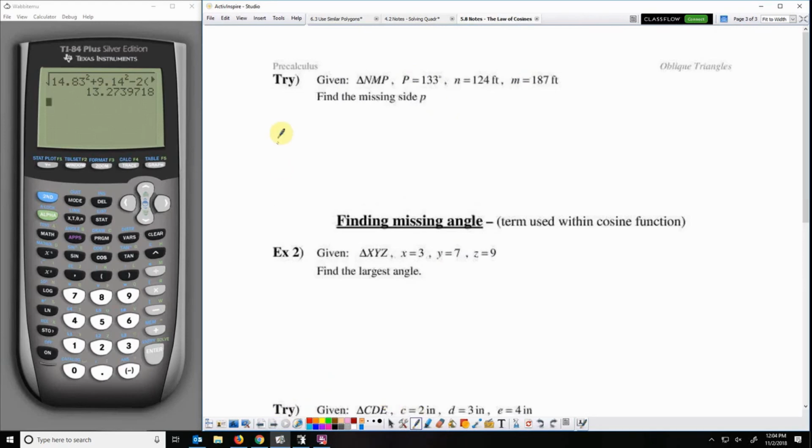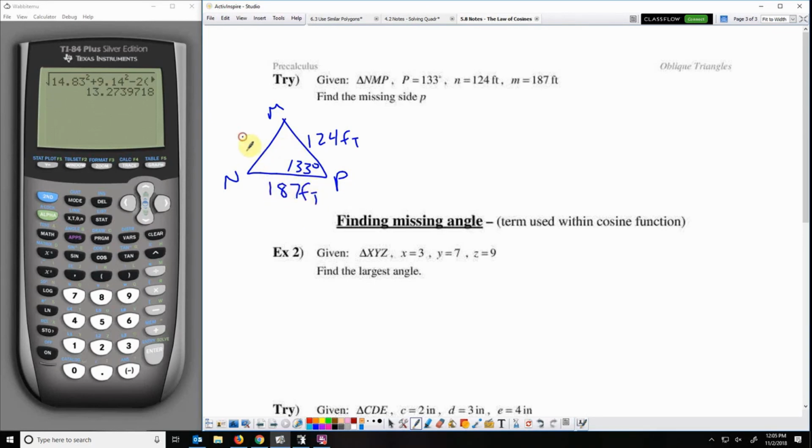Okay, so we'll try another one. Triangle NMP, where P is 133 degrees, clearly not drawn to scale. N is 124 feet, and side M is 187 feet.